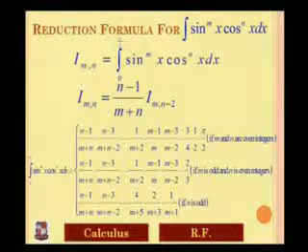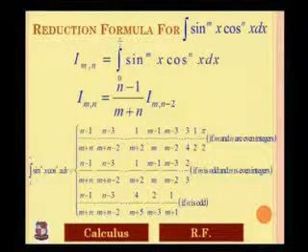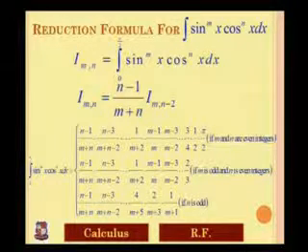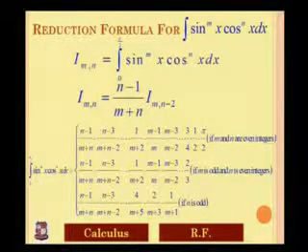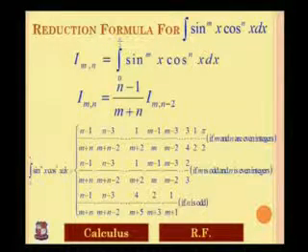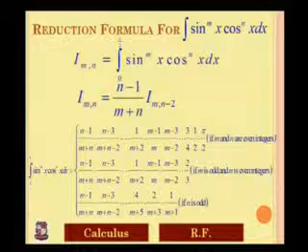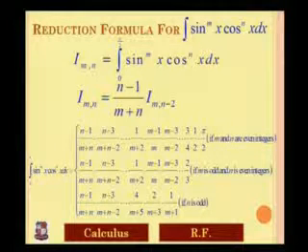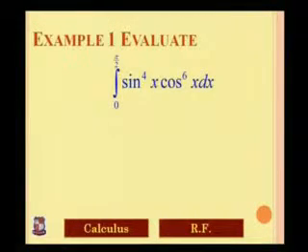In the last case, if n is odd, m is even or odd, we have the last result, and that one is n minus 1 divided by m plus 1 into n minus 3 divided by m plus n minus 2 into 4 by m plus 5, 2 by m plus 3 into 1 upon m plus 1. Now we have examples based on this method.